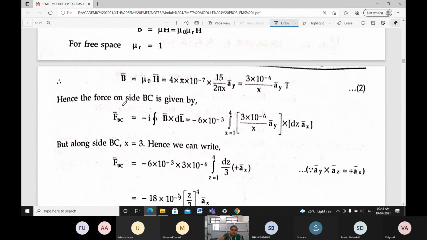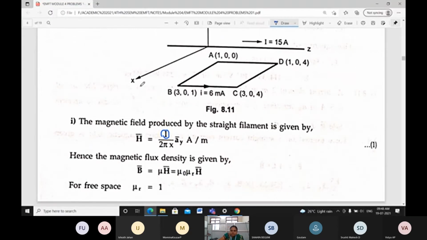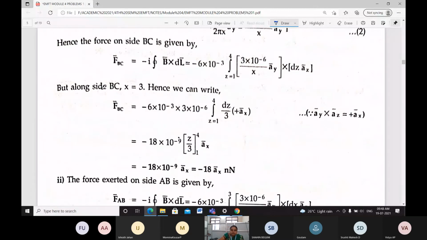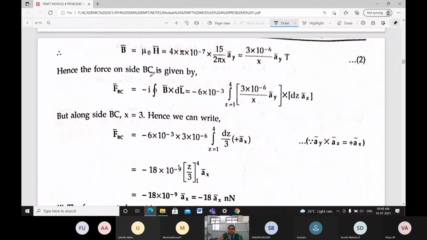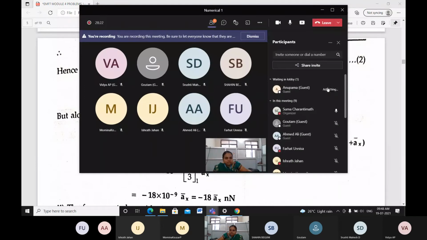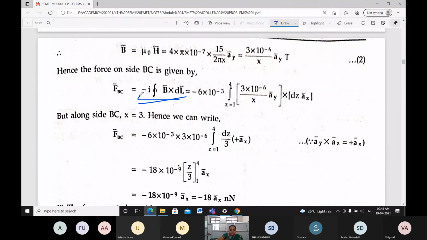Then hence the force on BC, which is what we want. Therefore side BC is given by FBC is going to be minus I closed integral of B cross DL. While choosing the equations, once you go through the theory part, you'll know which equation is suitable, and based on that you have to take the equation here.